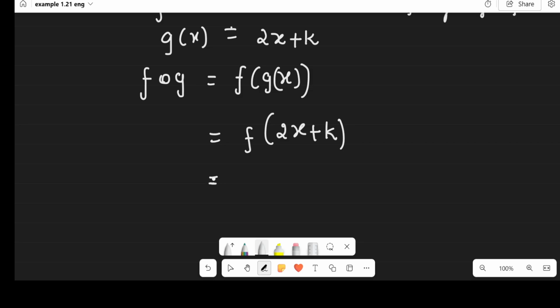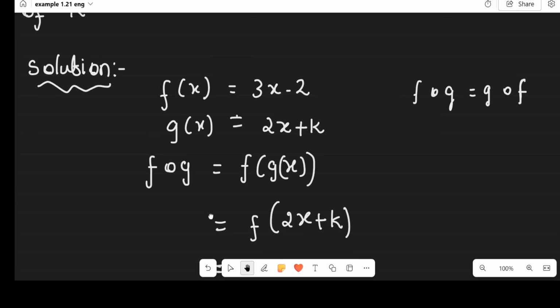First, we have to apply the second function, and we'll get some answer. In the first function, you're going to apply that answer. Okay, this is the concept of composition of function.